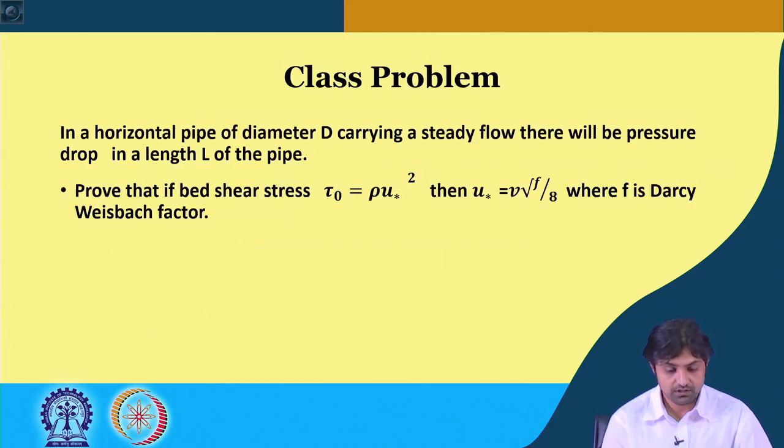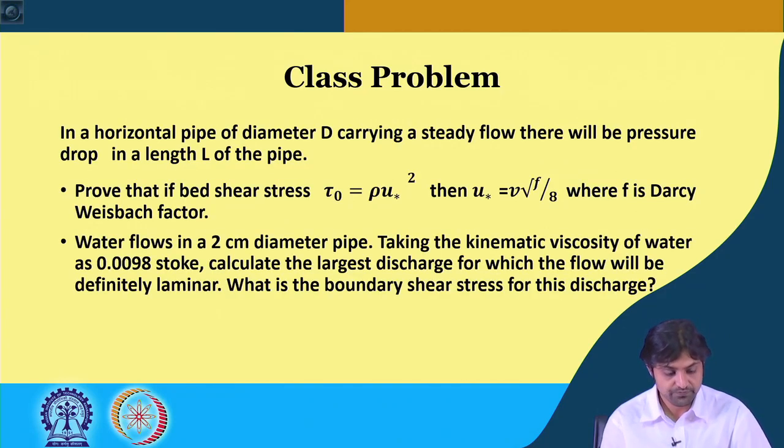Now there is another question. It says that in a horizontal pipe of diameter d, which is carrying a steady flow, there will be a pressure drop in a length L of the pipe. It says, prove that if bed shear stress tau naught is equal to rho u star square, then u star can be written as V into root f by 8, where f is Darcy-Weisbach friction. And then a question is given that water flows in a 2 centimeter diameter pipe.